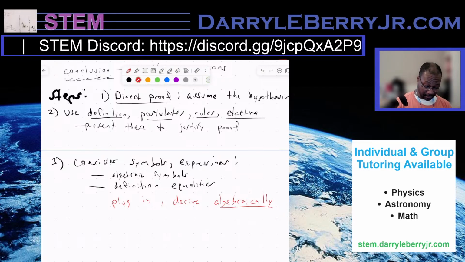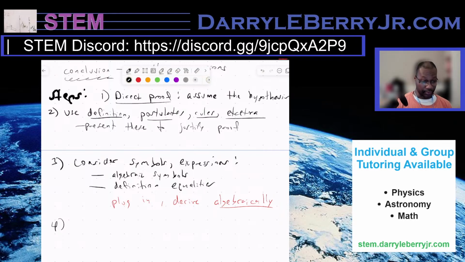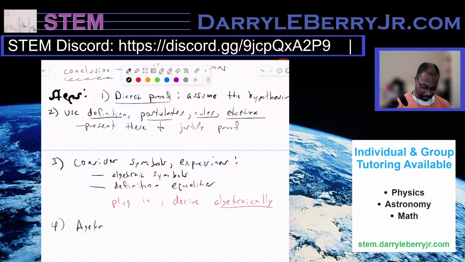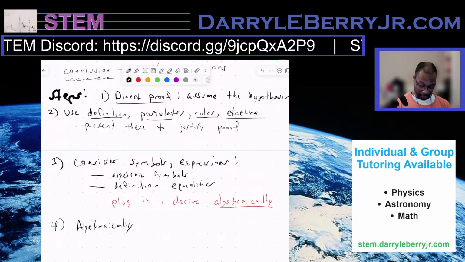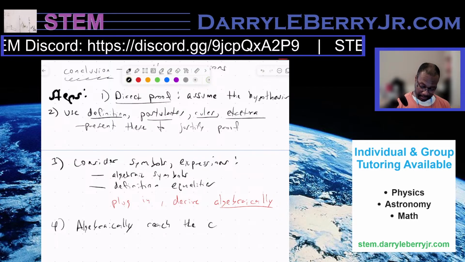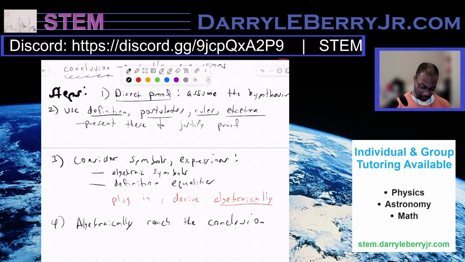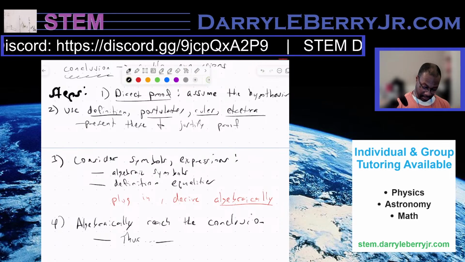So then finally, after we do our algebraic work, we should get back algebraically, reach the conclusion from the premise. So that would be pretty much a thus conclusion.